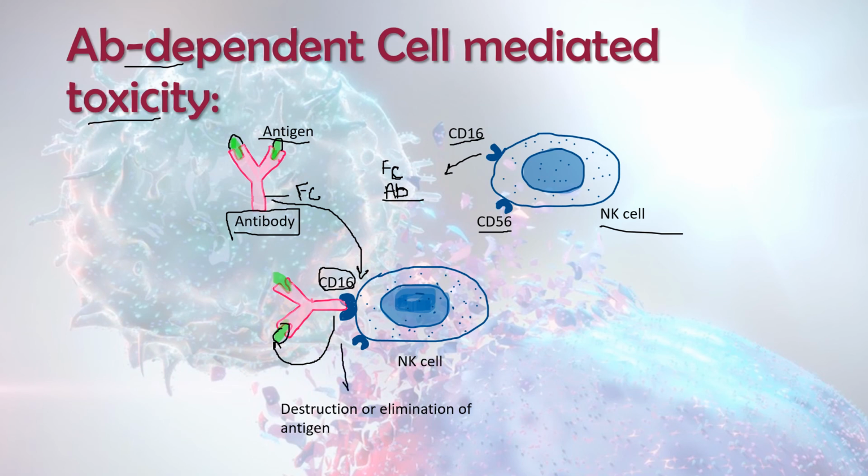So as soon as it binds to the CD16 marker, the NK cell causes destruction of the antigen that were bound to the antibody. This process is known as antibody dependent cell mediated toxicity.